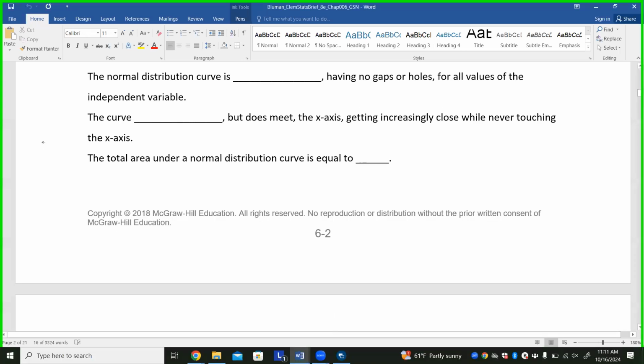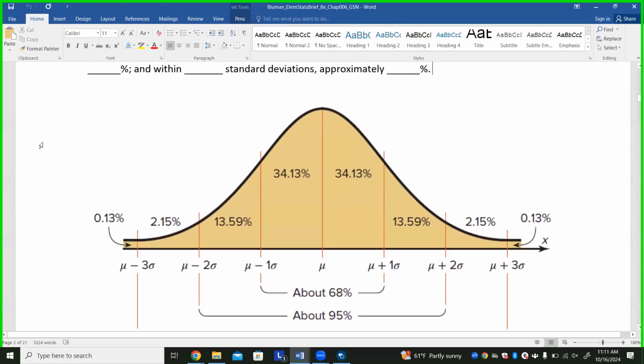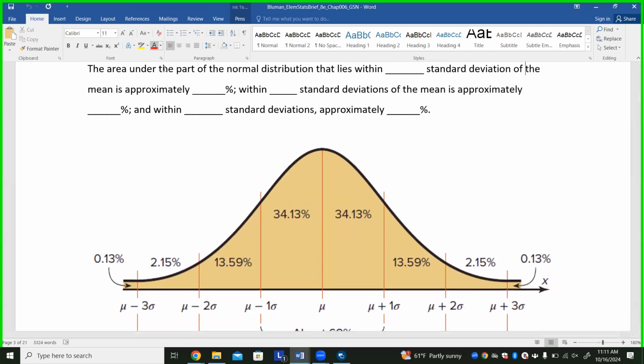All right, and there's the breakdown there. So the area under the curve, or under the part of the normal distribution that lies within 1 standard deviation of the mean, which is what I was trying to write earlier as well, is approximately going to be 68%. Within 2 standard deviations of the mean is going to be approximately 95%.